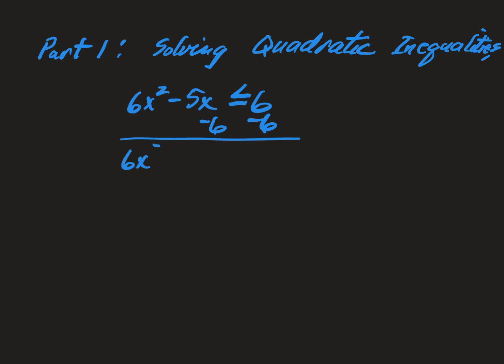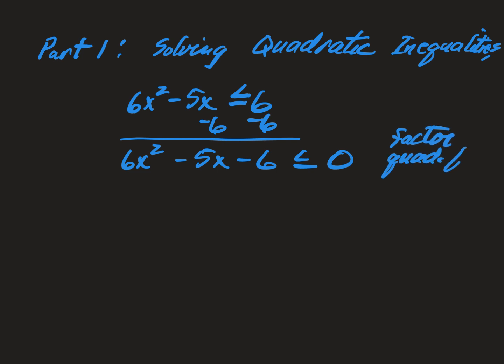And we get 6x squared minus 5x minus 6 is less than or equal to 0. All right. And then we proceed and we're going to factor or use the quadratic formula.